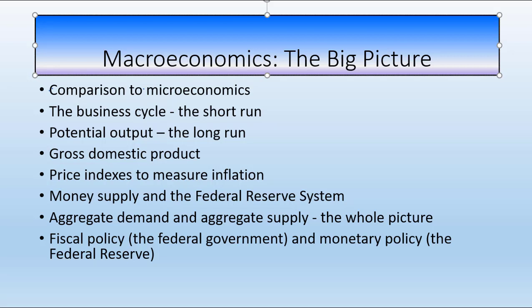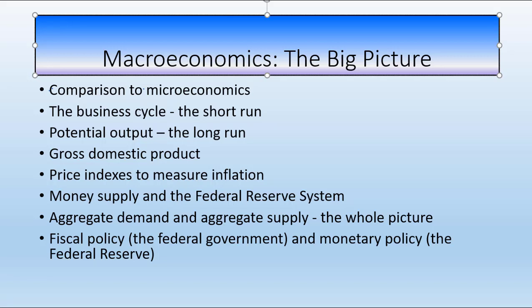And if you recall from the circular flow diagram, somebody's income equals somebody's expenditure in the overall economy. So we'll work off of that. We'll look at price indexes to measure inflation. We'll look at money supply and the Federal Reserve System, a very important component. We'll look at aggregate demand and aggregate supply, and that's where really the big picture comes into play analytically.